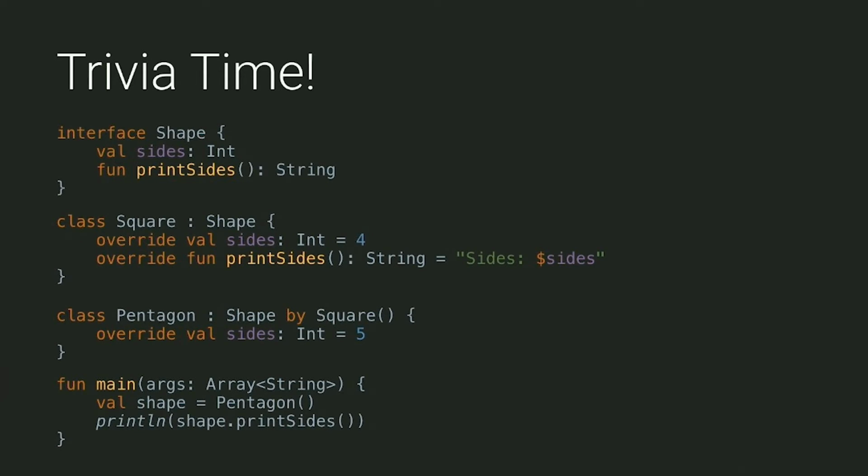So when we call printSize, since it was not defined inside the Pentagon object, the compiler is going to use the printSize implemented inside the Square. And inside the Square, the only property that is available is the size that defines 4. The override that defines 5 is in a completely different object that will never be reachable by the Square object. That's the difference between composition and inheritance, particularly with Kotlin.